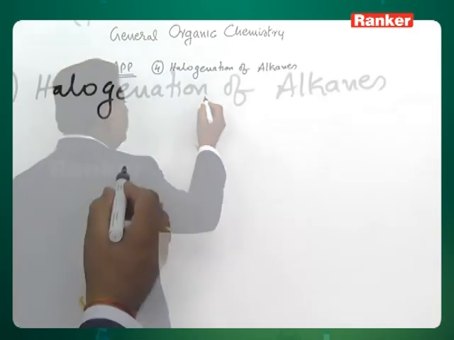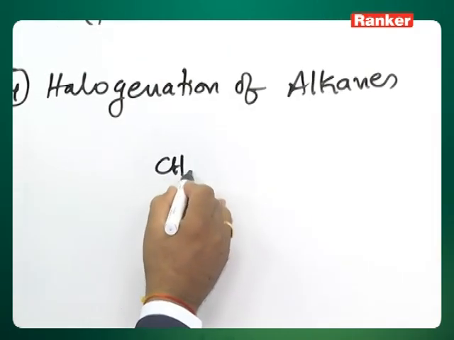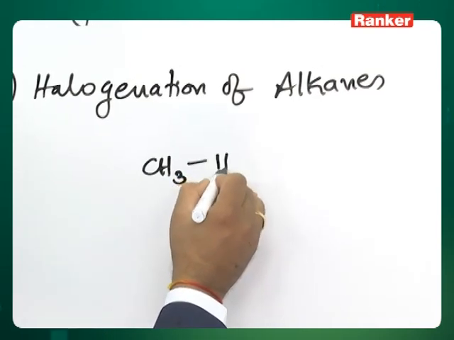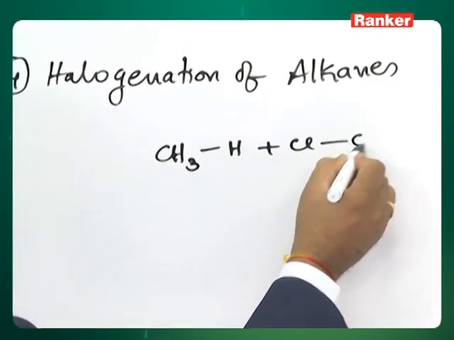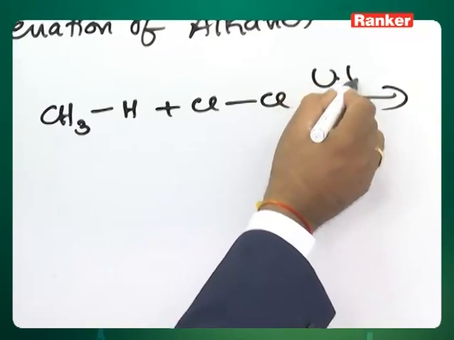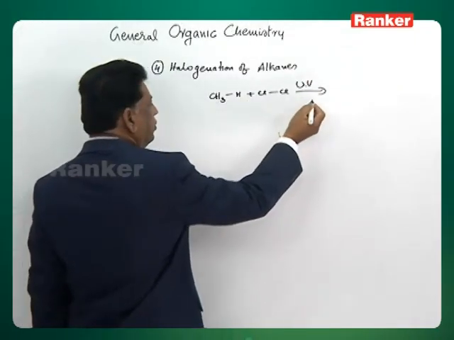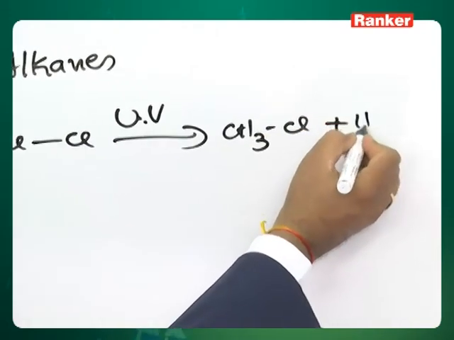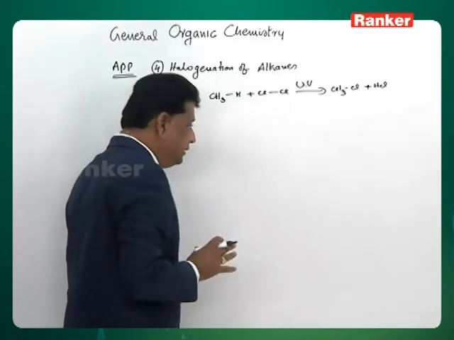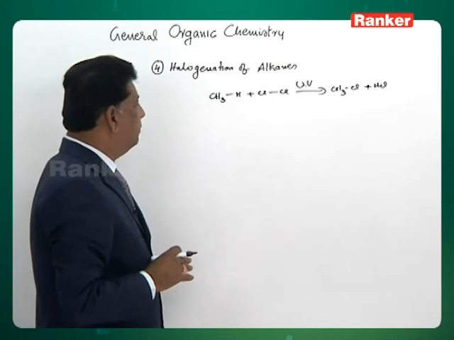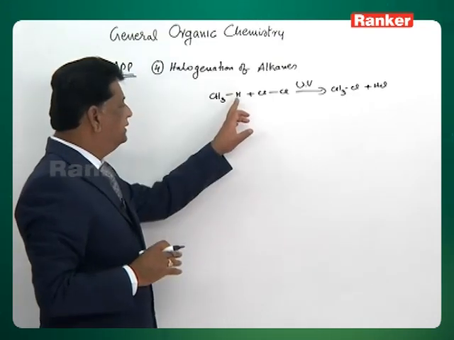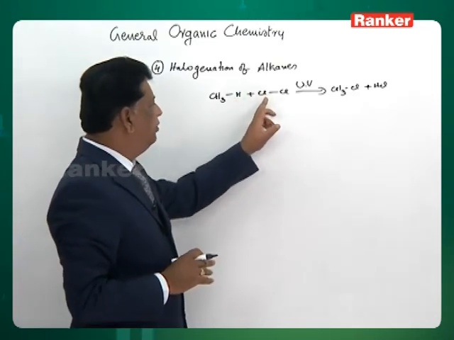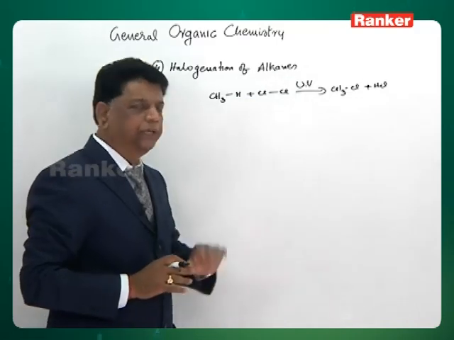Let us see. Fundamentally, the reaction is methane treated with chlorine gas in the presence of UV light or heating at 250 degrees, and you get methyl chloride plus HCl. This is the basic skeleton reaction of alkane halogenation, in which one hydrogen is replaced by chlorine, therefore it is substitution.